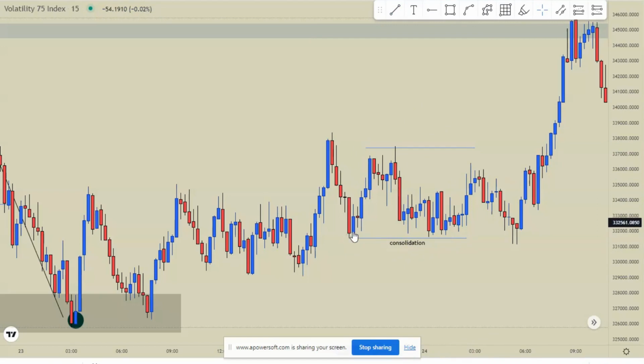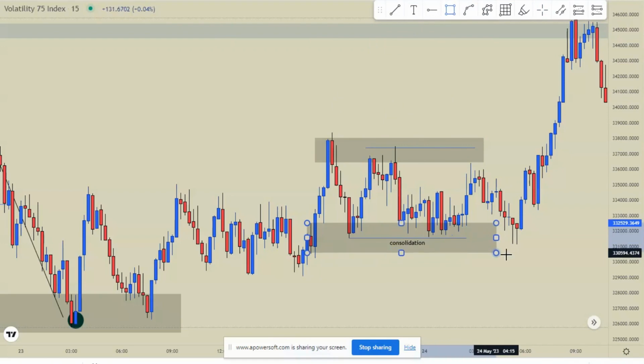The market reacts, moves down, we get a retracement down, we move up, and then we react to an area. In the beginning I was talking about supply and demand. Supply was up, demand was down.